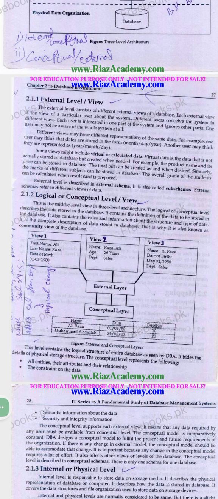Next, forward to the logical or conceptual level or view. In this level, we complete the logical structure of the entire database. We already discussed in the class that if we want to go for architecture, it gives us a blueprint for our structure, like designing a house. This blueprint is known as the logical or conceptual view.